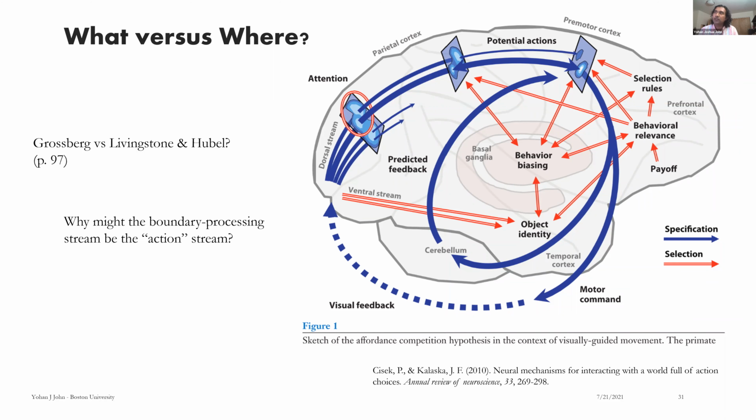So why would the boundary processing stream, to kind of caricature it, why is that stream the action stream? What is it about boundaries that makes them so conducive to action? And what implications does this have for art? I have some vague ideas, so I'm just going to gesture vaguely at them, but I think some of you know what I'm thinking of.